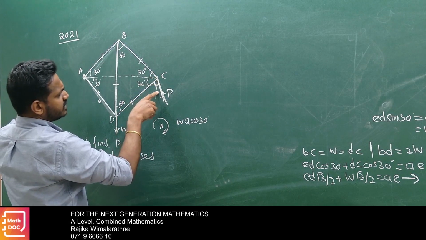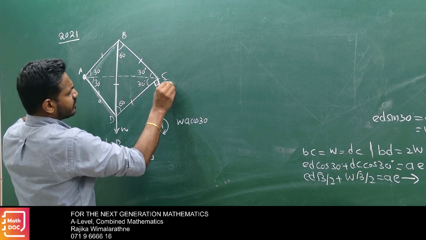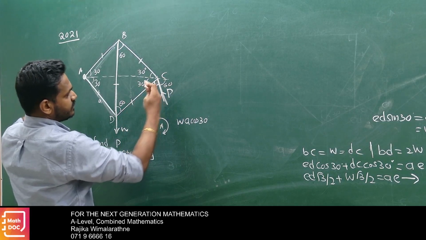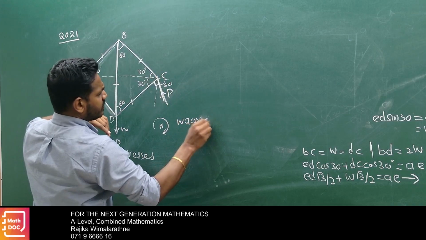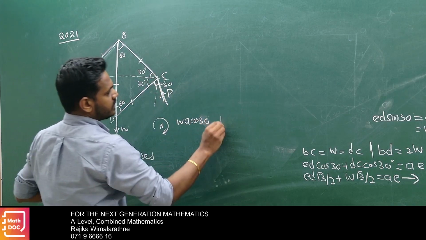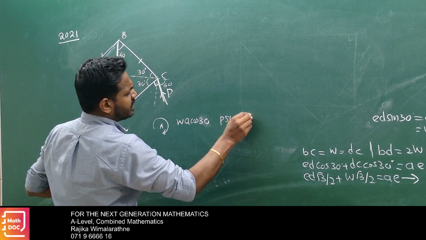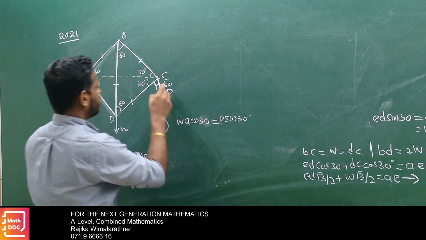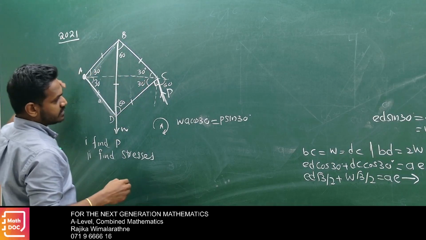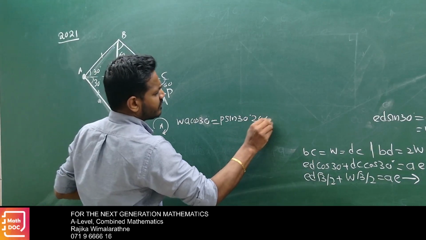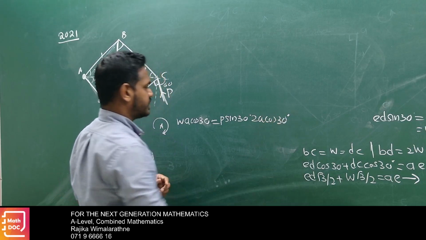30, 60, 30, 60, no? P cos 30, you forget it, P sin 30. P sin 30 into perpendicular distance, which is A cos 30, A cos 30, 2A cos 30.